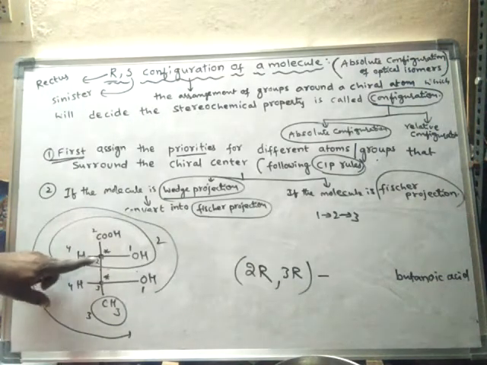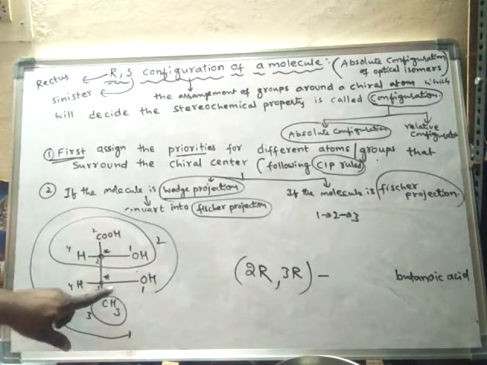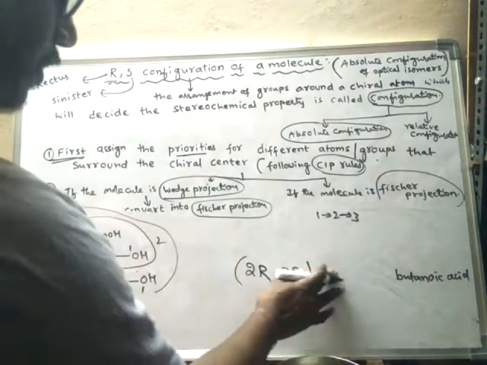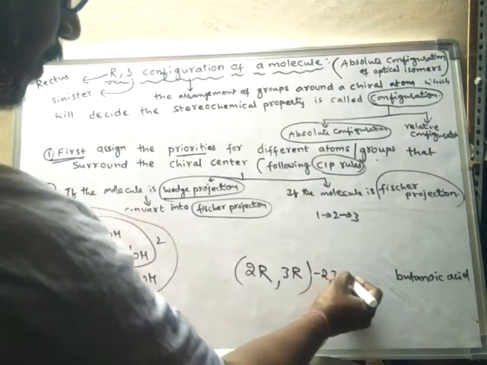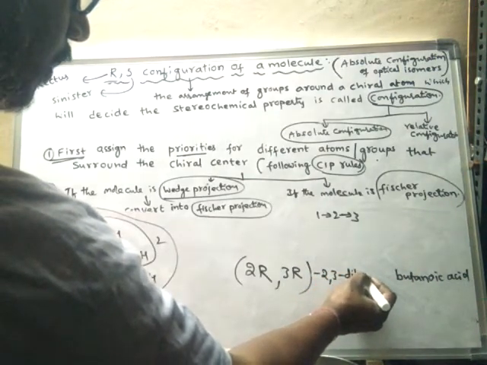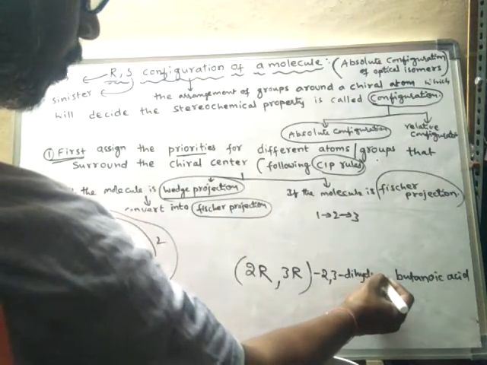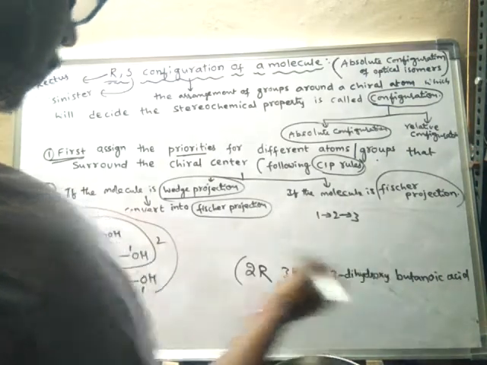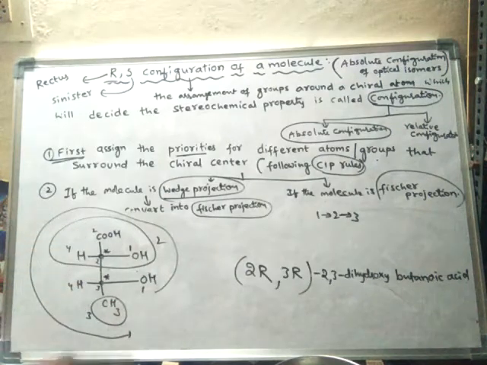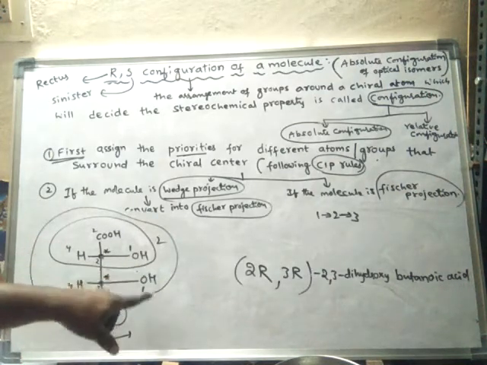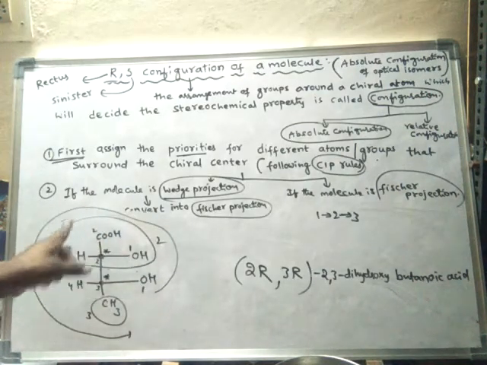But on the second carbon OH is present and the third carbon also has OH. That means 2,3-dihydroxy. OH means hydroxy, because when an acid group is present, the OH group becomes the second priority functional group.